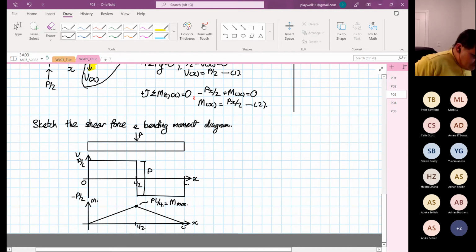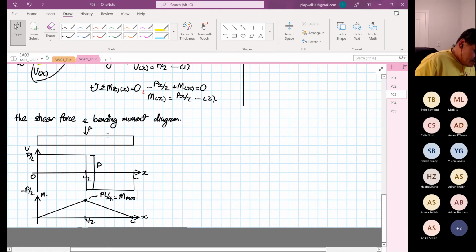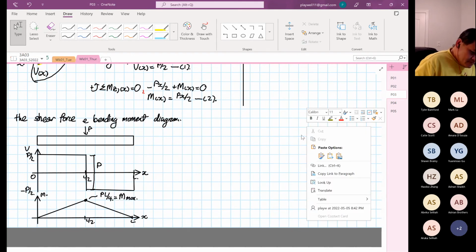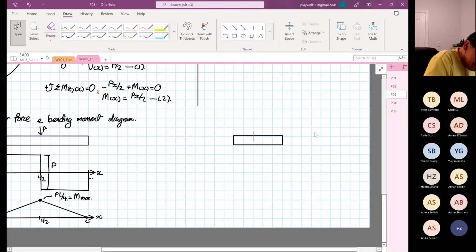Now if we were to just focus on our cantilever beam, I'll just draw our cantilever beam. On the other side, mathematically, it's the same. It's only half the length, and we have our P over 2.